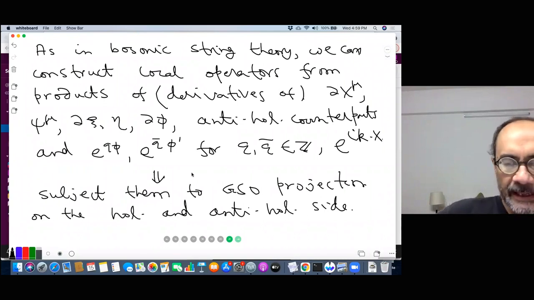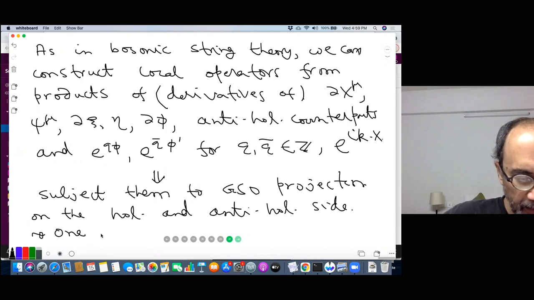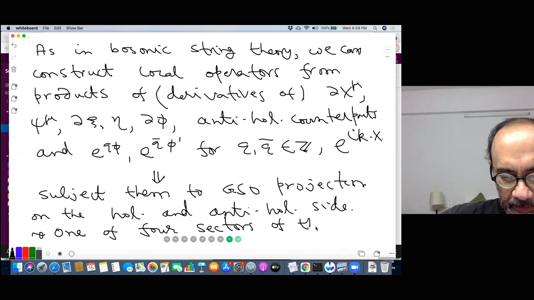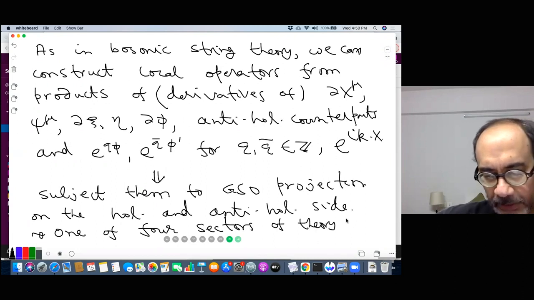But it turns out that these are only 1/4 of all the operators that the theory has. This is one of 4 sectors of the theory, which is called the Neveu-Schwarz sector, NSNS.